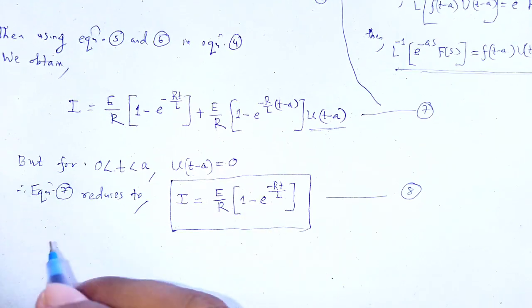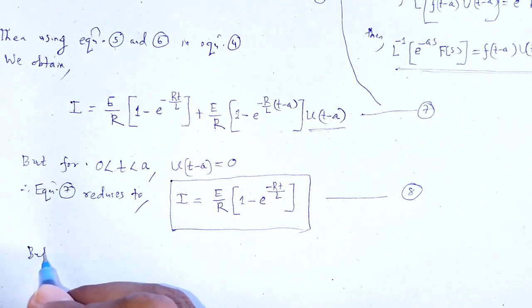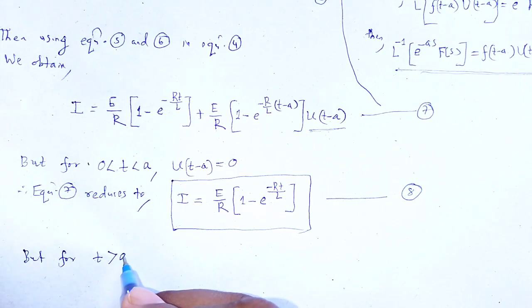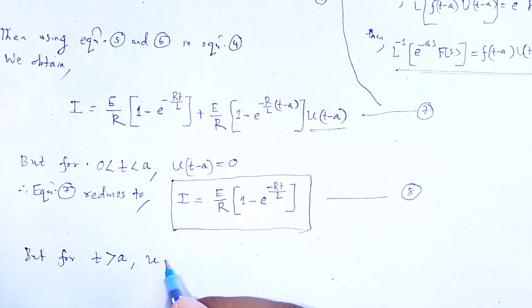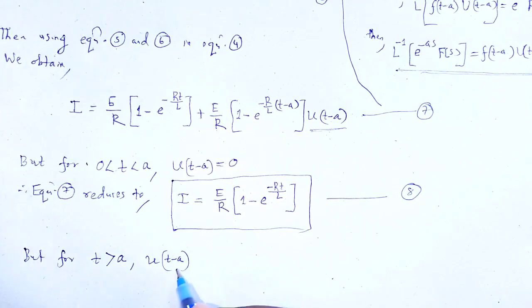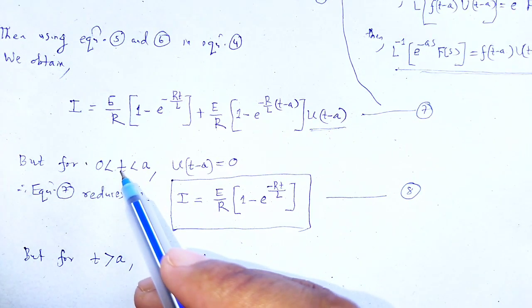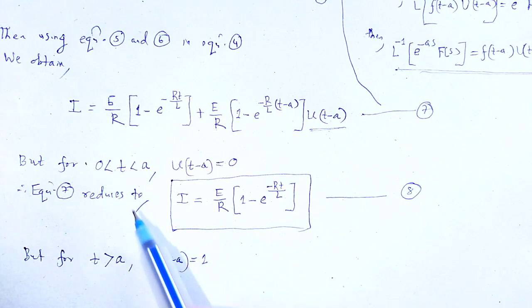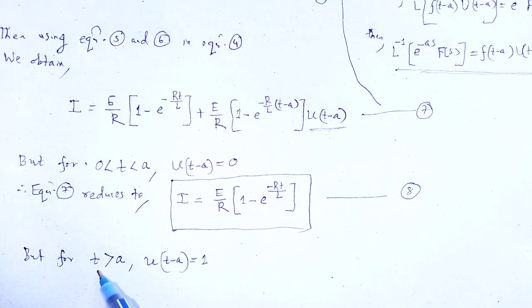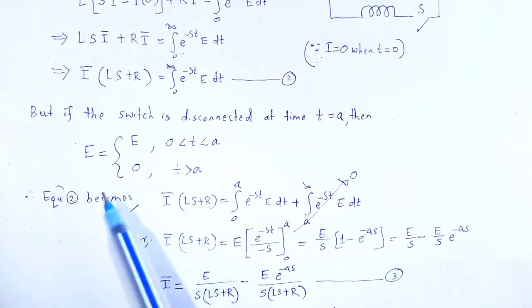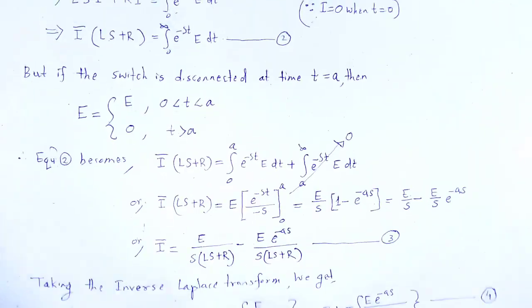Similarly, when t is greater than a, the unit step function is equal to 1. As we have two conditions, when the value of t is in between 0 to a and when the value of t is greater than a, we prefer two conditions for that EMF.